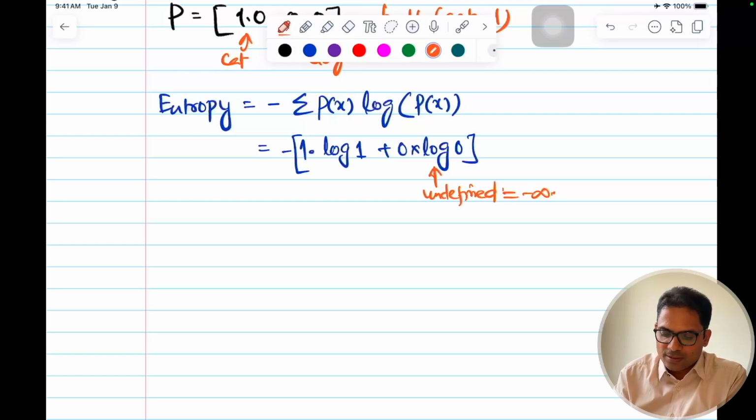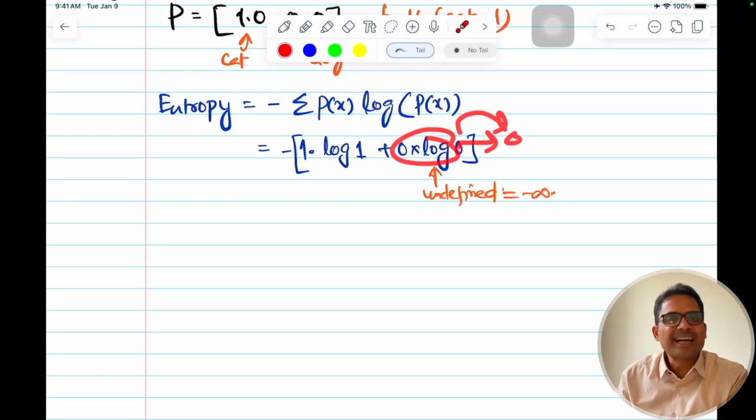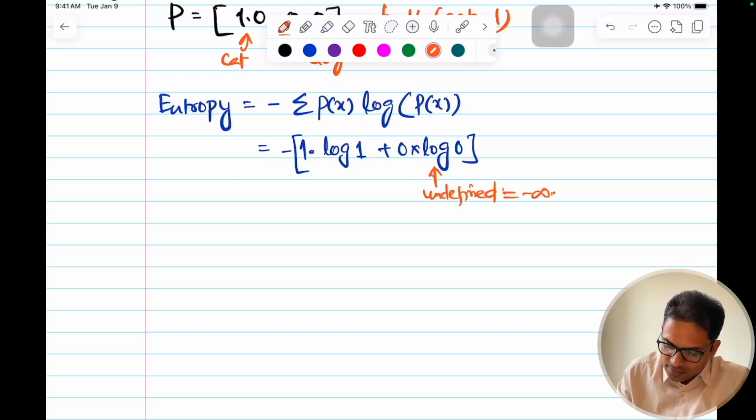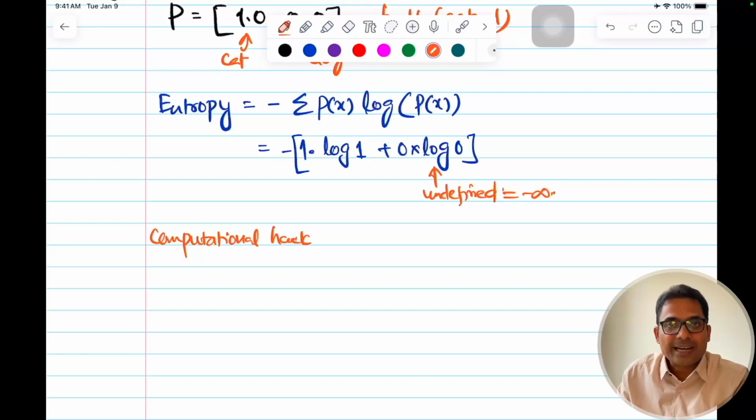This is a computational hack that we do, but in actual terms log 0 is undefined.